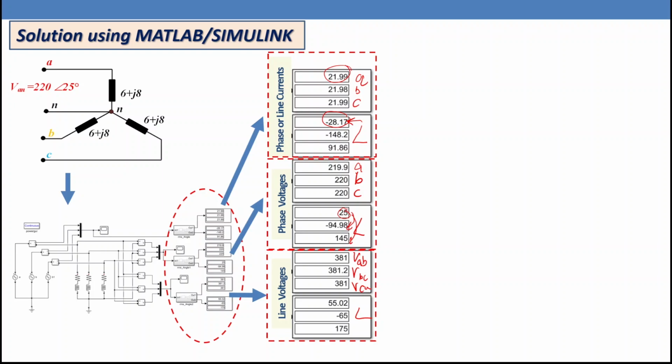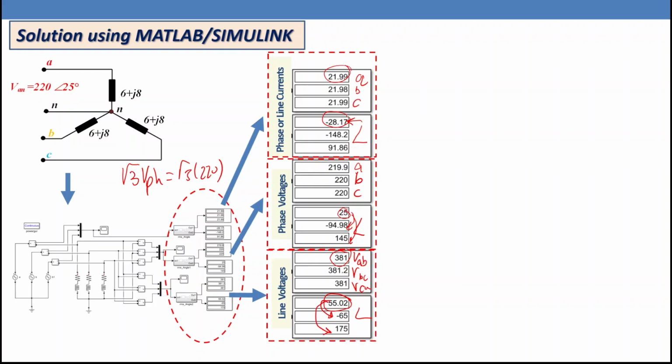For line voltage it is root 3 V phase, and that one is RMS value, so root 3 multiplied by 220 gives you something like 381. You can check using your calculator. So that one is 381 volt, and the angle should be leading this angle by 30 degrees, so 25 plus 30 gives you something like 55. So from this 55, minus 120 and plus 120.